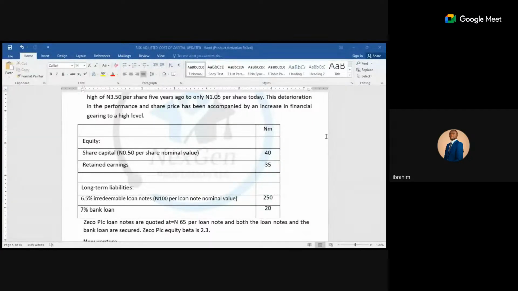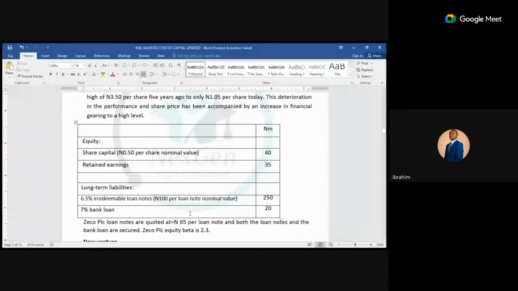So how do we determine the value of debt for the main company, class? 250 divided by 100 times 65 naira.